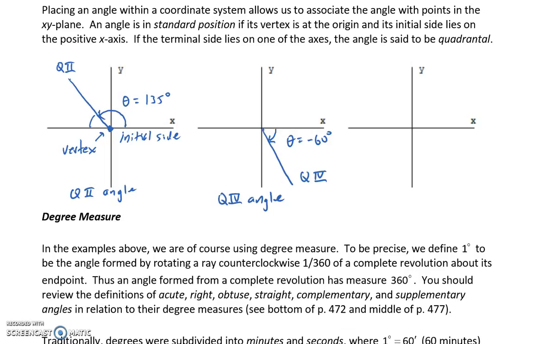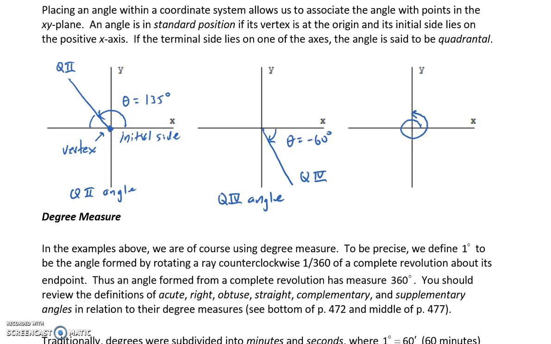All right, and then for a third example, let's illustrate what's called a quadrantal angle. The definition is just above there. If the terminal side of our angle lies on one of the axes themselves, the angle is said to be quadrantal. So for example, let's say that we have an angle that goes through one complete revolution and then a fourth of another revolution.